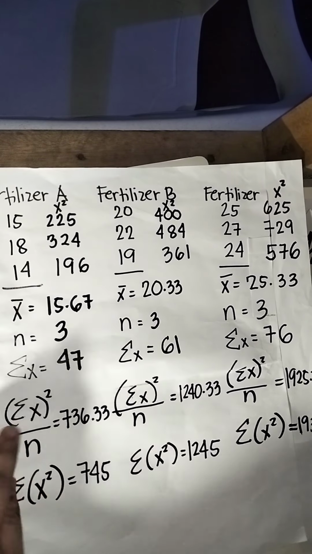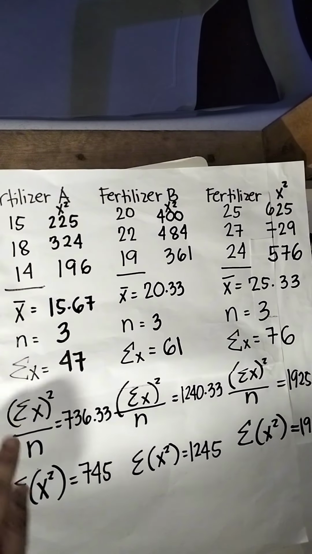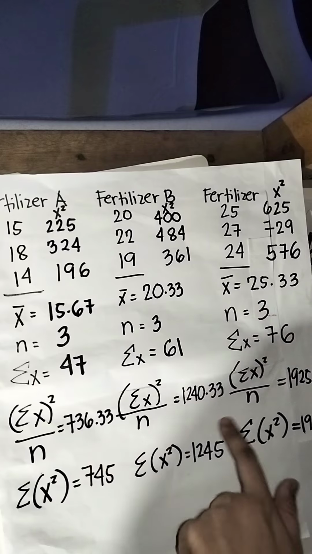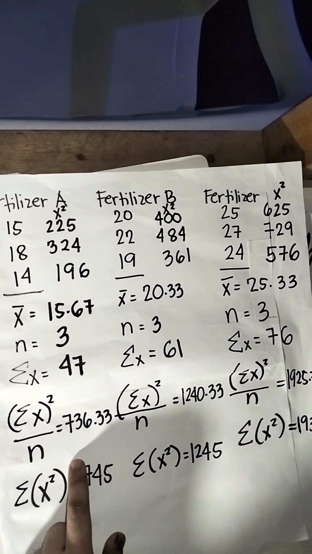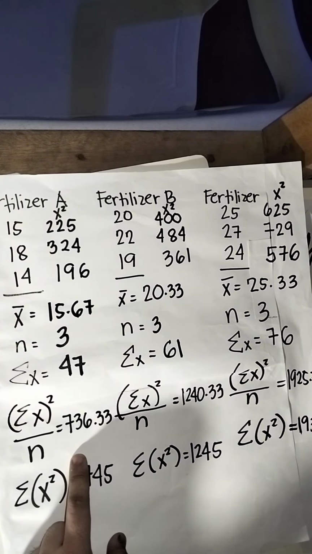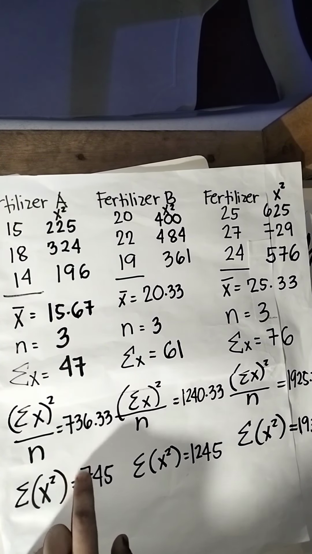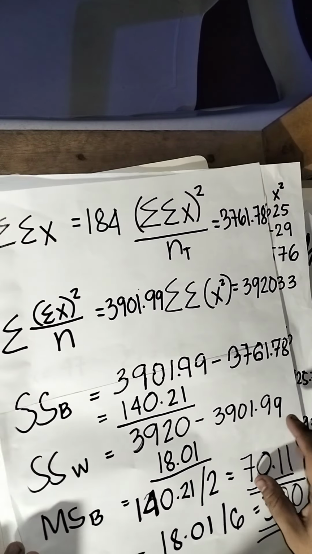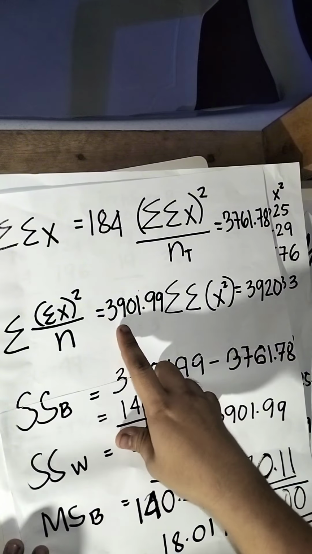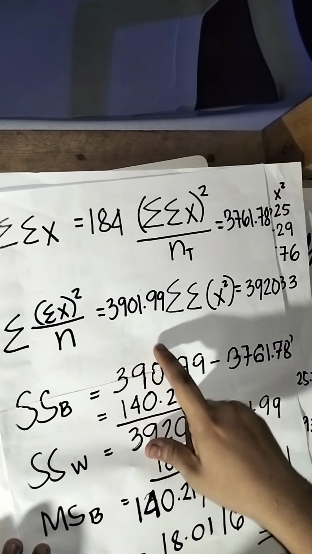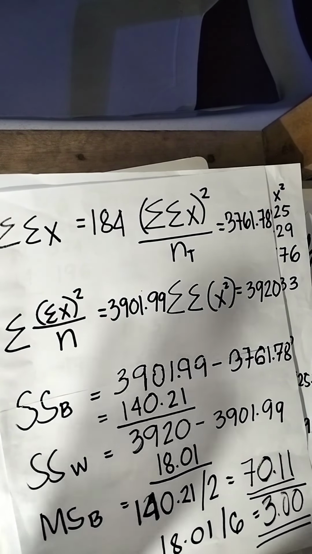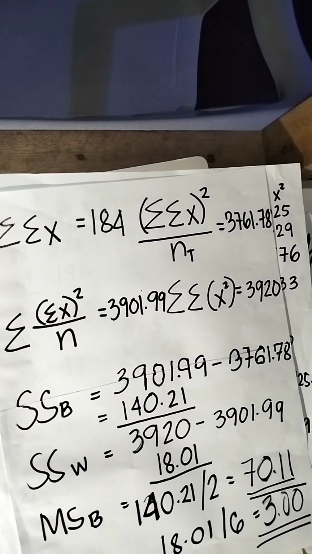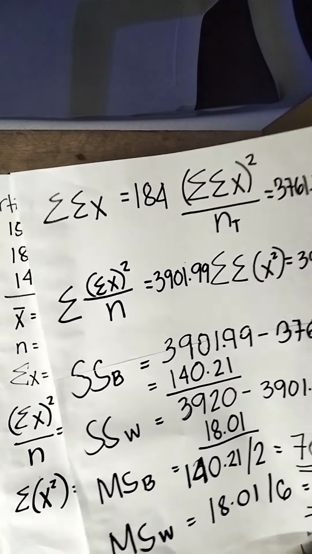So this is the summation of x raised to the power of 2 over n for each data. So we just add 736.33 plus 1,240.33 plus 1,925.33, and we will have the result of 3,901.99.